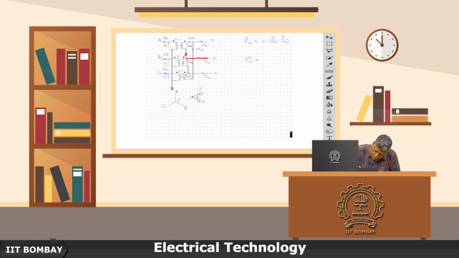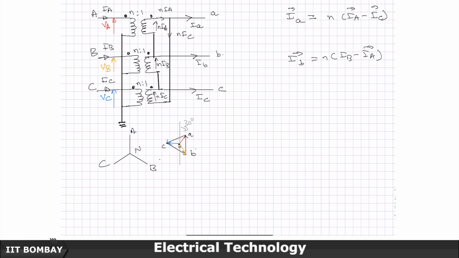So what goes here is N times of IB minus IA. That clear? NIA goes out, NIB comes in, the difference becomes this IB, so it's NIB minus NIA. And so you should get comfortable with writing these equations, you should practice it yourself. It's a pretty non-trivial exercise.